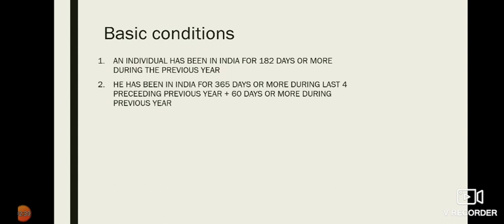Second basic condition, he has been in India for 365 days or more during the last 4 preceding previous years. What are the last 4 preceding previous years? It is from 15-16 to 18-19. And what is our previous year? It is 19-20.